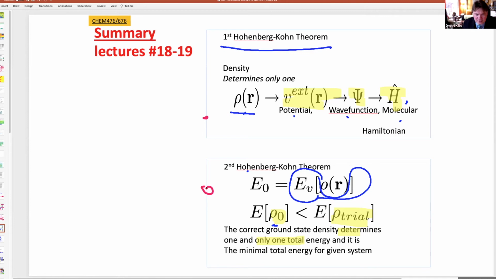So based on these theorems, one can go into an attempt to solve practical problems in the following way. One needs to find the ground state density in order to find all observables.